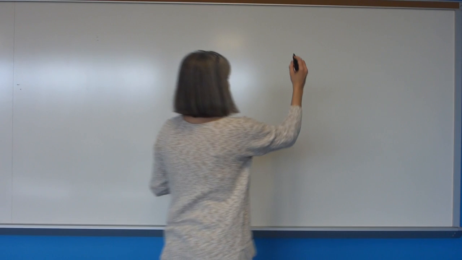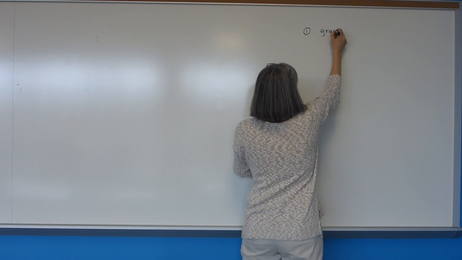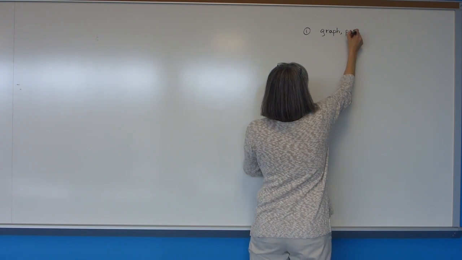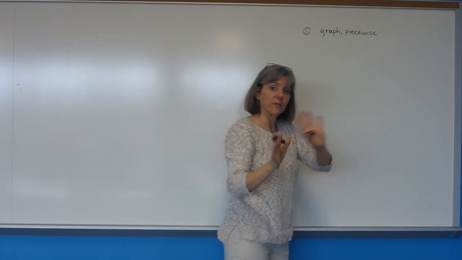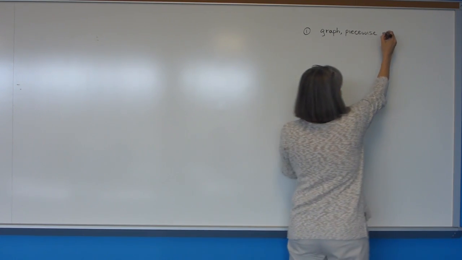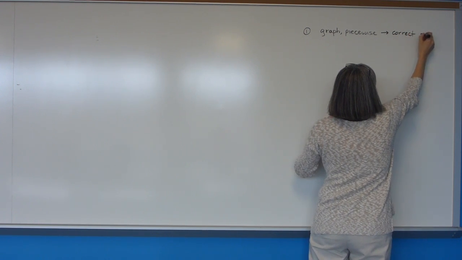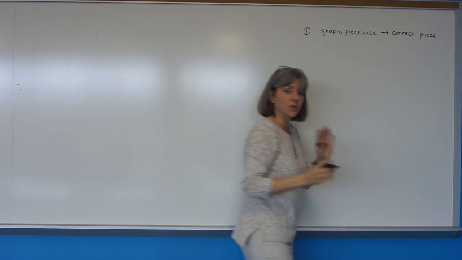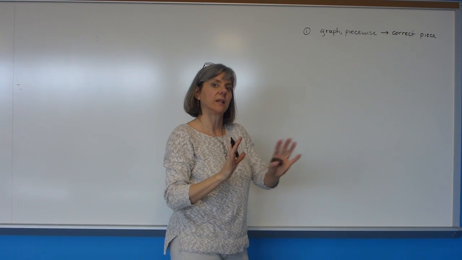Okay, so the first one is always make sure that you're using the right piece. So from the graph or from a piecewise function, make sure, particularly for left and right limits, that you're using the correct piece, the correct definition. If you're doing two-sided limits, remember that you may need to look at the right and the left separately.